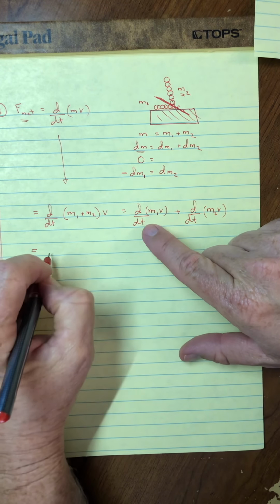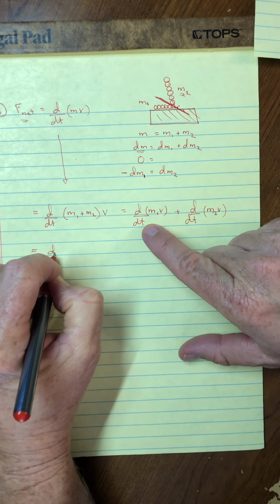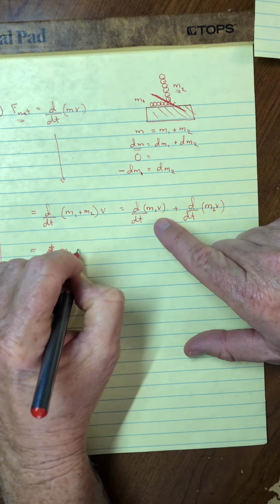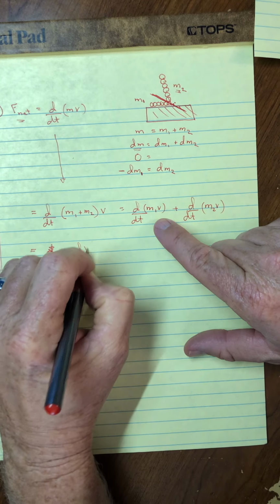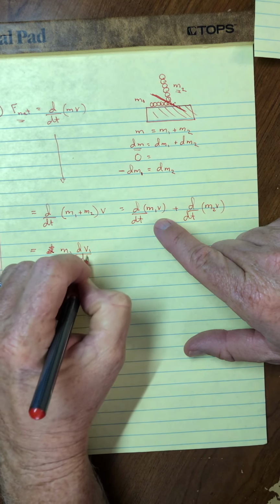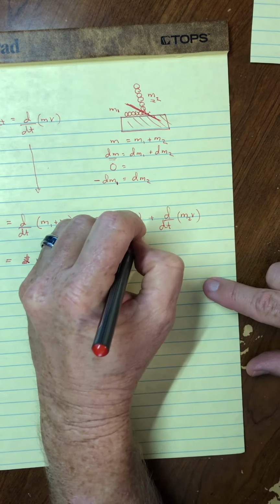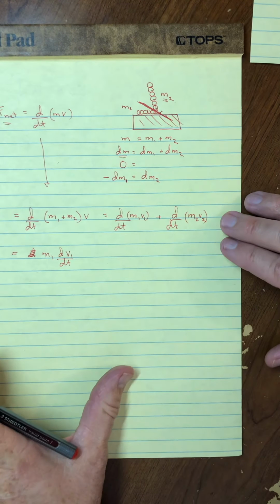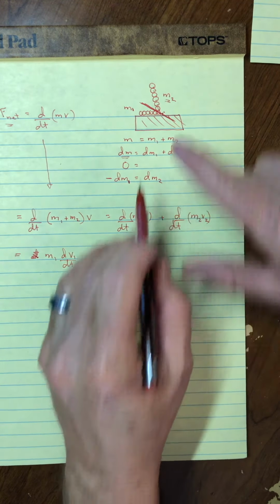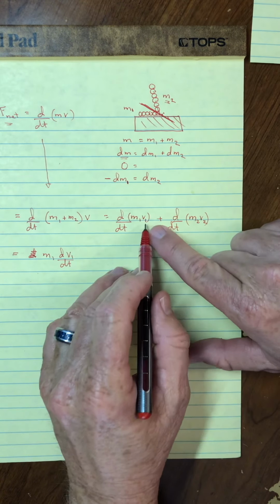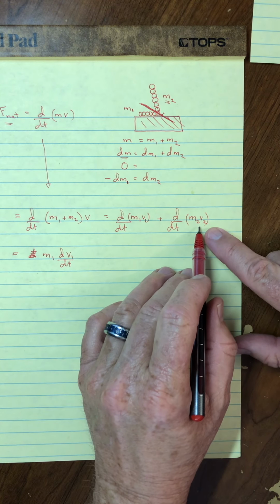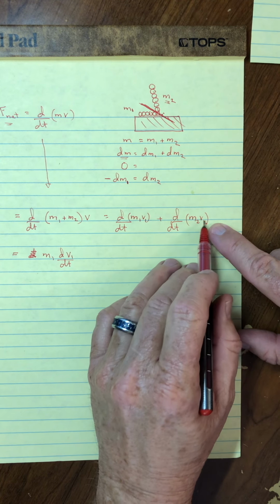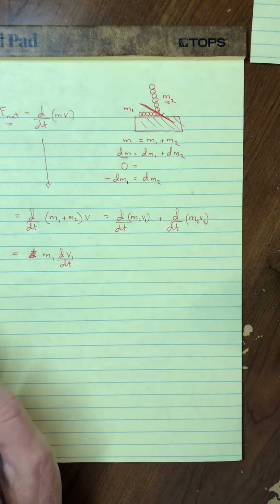So the first term would be, well, let me write it this way, m1 dv1 dt. And so maybe I should have put a 1 here and a 2 here, especially since number 1, as we said, was everything that's at rest. And then over here, we have this other piece, which is the moving piece.